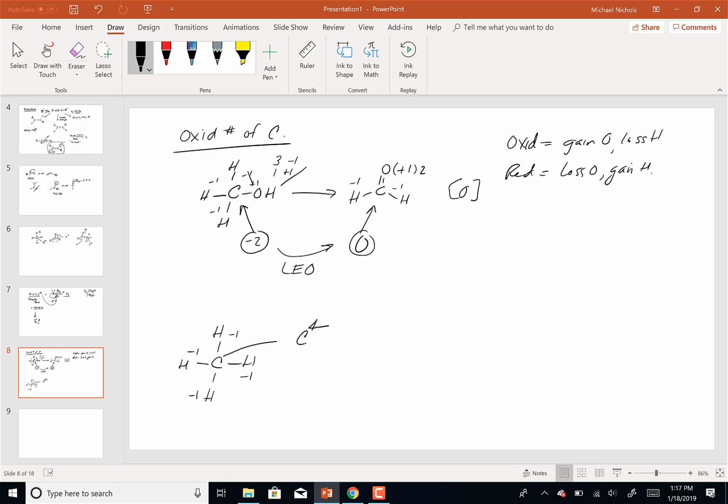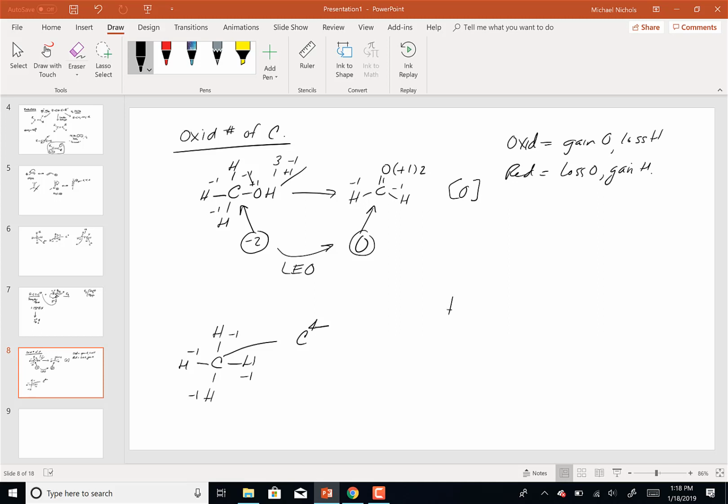It better be an oxidation reaction as it goes this way. And so in order to do this, I would have to take 2 electrons out of methanol in order to make formaldehyde. So that's how we would do it.